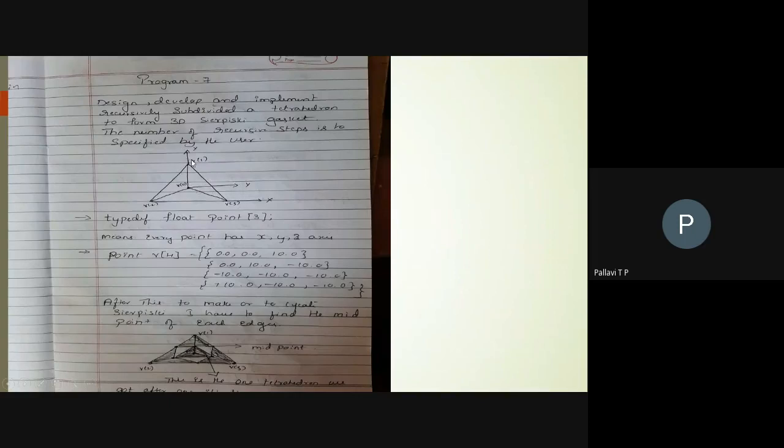To mention those axes, we'll use a type of GLfloat point3. Point3 means every point has x, y, z axes. Here you can see v1, v2, v3 and v4; we have four vertices. The four vertices have points in them, so we have to mention the values for them.